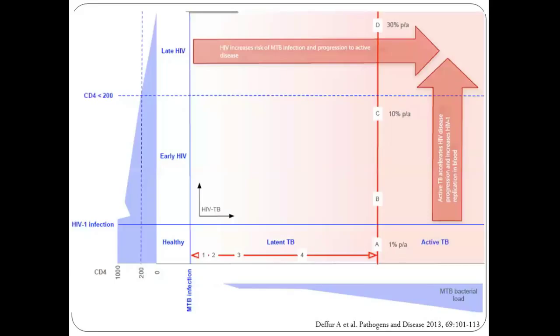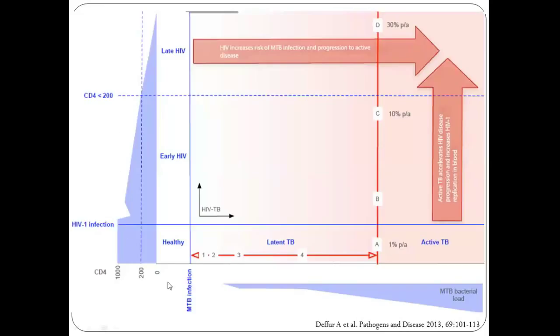Now, this can be a confusing figure, but the most important thing is this. Take a look at the y-axis: you have HIV infection and the CD4 count.